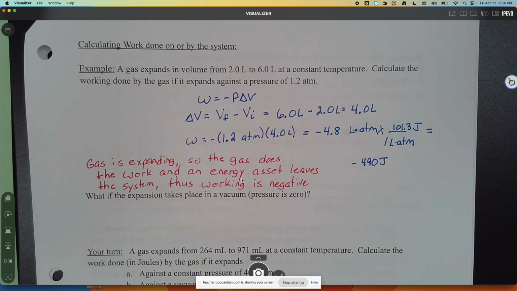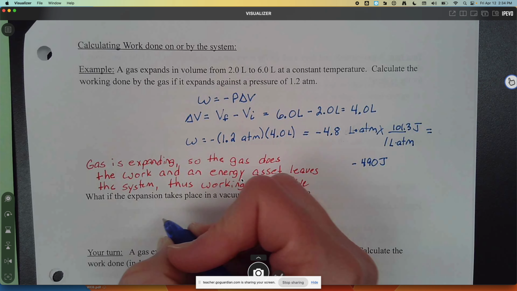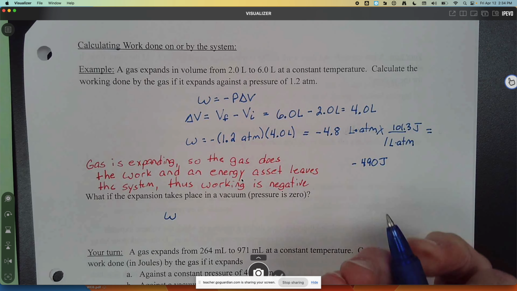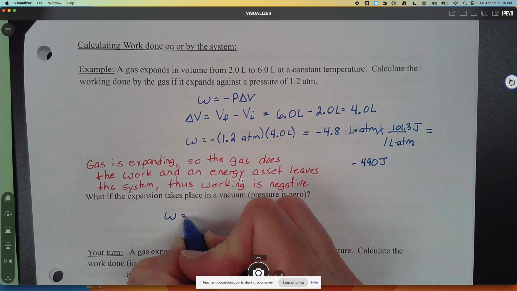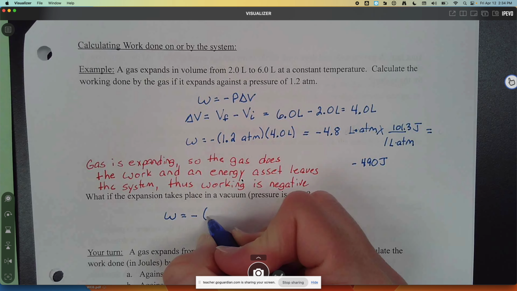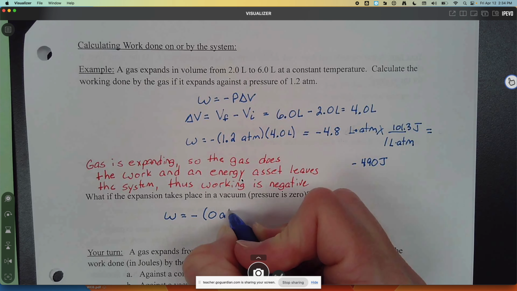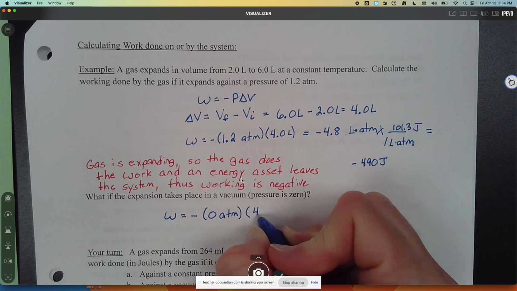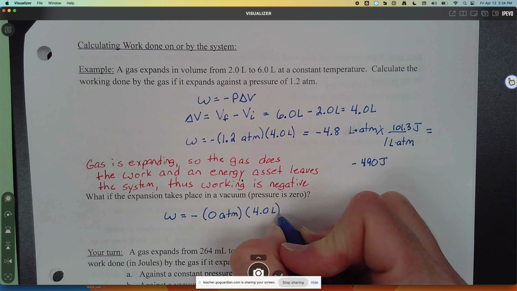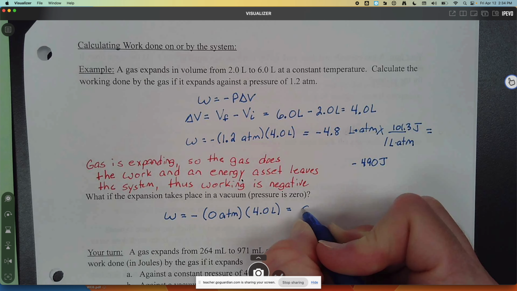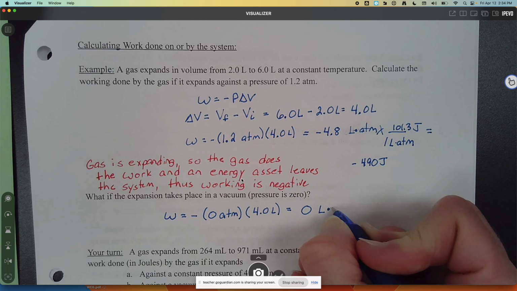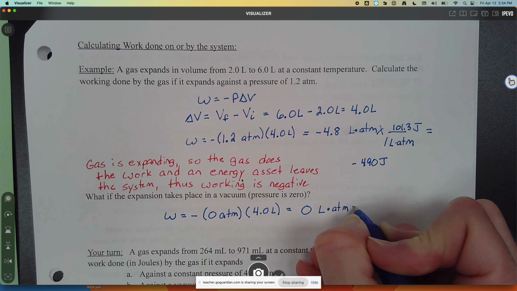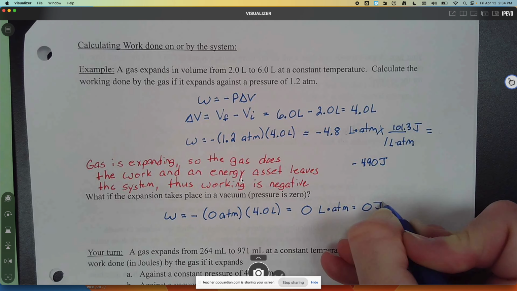Unless you're doing this in a vacuum. If you're expanding in a vacuum, there's nothing to push against. If it takes place in a vacuum, working is 0 atmospheres times the 4 liters by which the system expands, or 0 liter atmospheres, which is no energy spent.